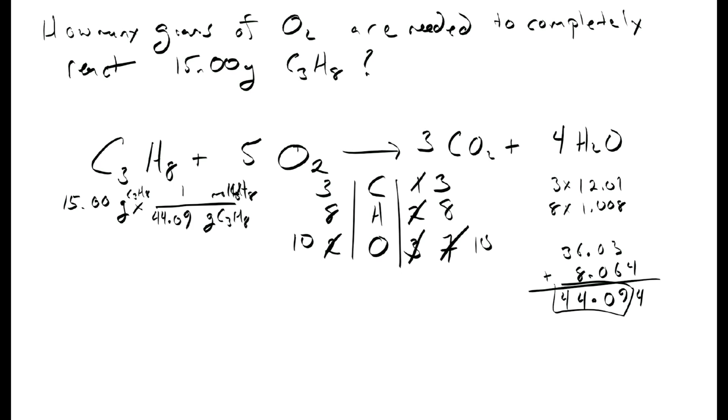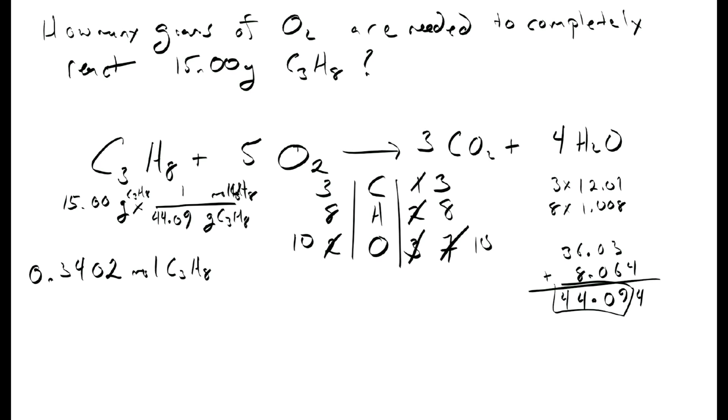And so 1 mole up top, and what that gives us for our math is 0.3402 moles of propane. And now that we have moles of propane, we can go ahead and convert to moles of oxygen.